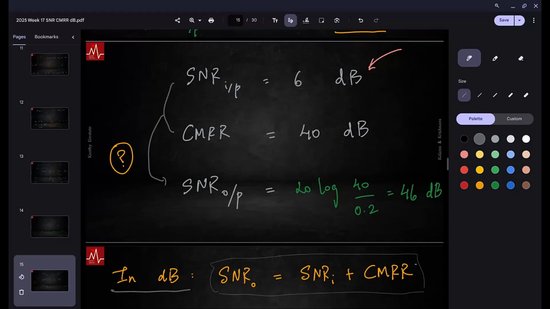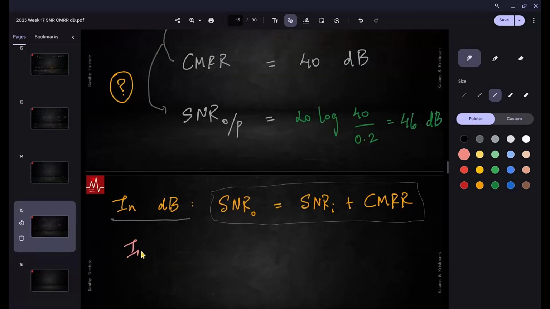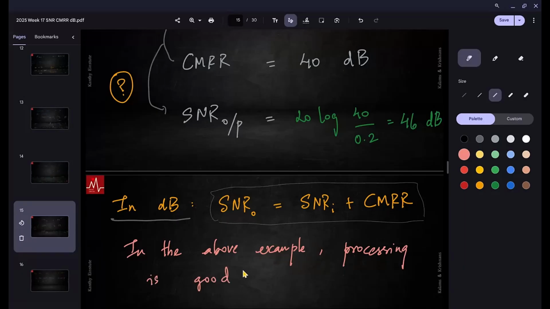So in this case, the processing is certainly improving. In the above example, processing is good. Whatever processing that happened was good. How do you know that?